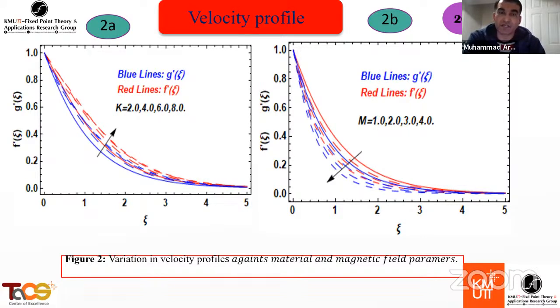These Lorentz forces are responsible for declining the velocity of the fluid on this stretching sheet. So as a result, the velocity of the fluid declines by increasing the magnetic parameter, and you can see both velocities are declined.